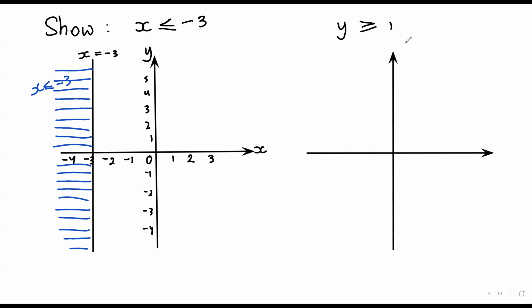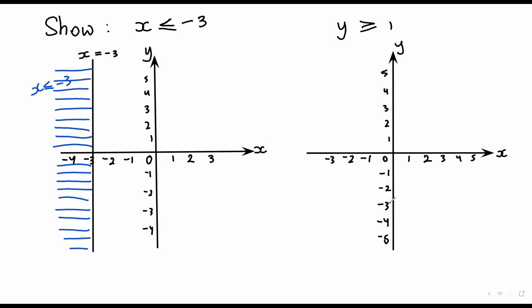Right, so this is the y-axis, this is your x-axis, your origin is here. To the right of the y-axis, x is positive. To the left of the y-axis, x is negative. Above the x-axis, y is positive, and below the x-axis, y is negative.